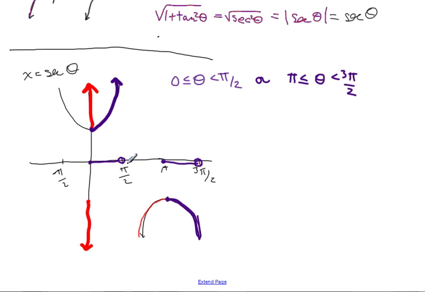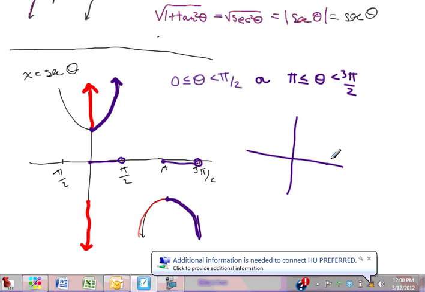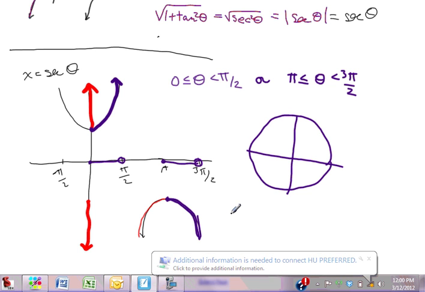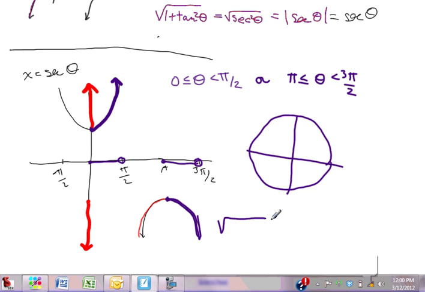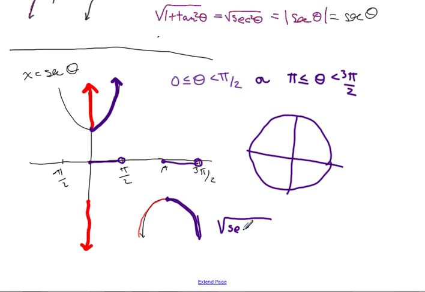But the reason we chose this restriction is because in that restriction, let's just look at the circle definition again. Let's think about how this comes up in trig substitution. In trig substitution, we're going to be simplifying something of the form secant squared theta minus 1, right?